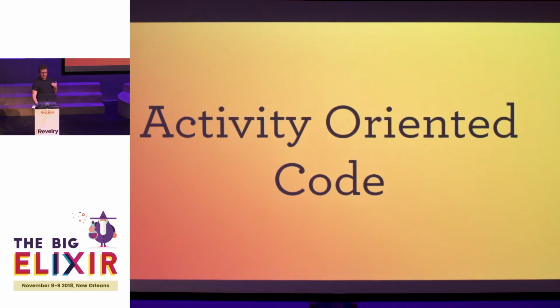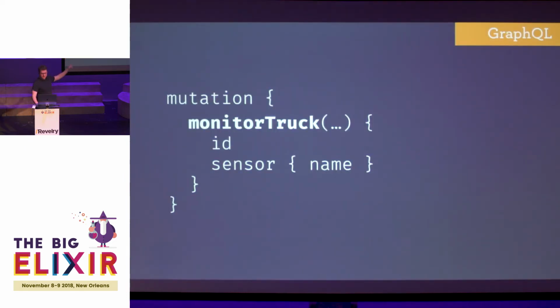So as time went on with our GraphQL API, we took things a step further and increasingly moved to stuff like this, monitor truck, or track cargo, with internal functions that looked similar. And you might say, well, this is sort of apples and oranges. These are two completely separate things. And yes, true.